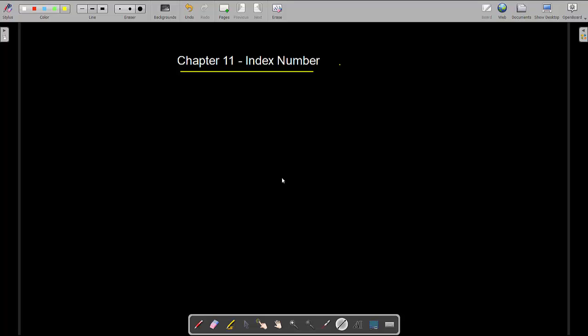And while I go ahead and explain, I want you also to take out your textbook and open page number 320. So an index number is a percentage ratio of price, quantities, or values comparing two time periods or two points in time. So it is very useful.